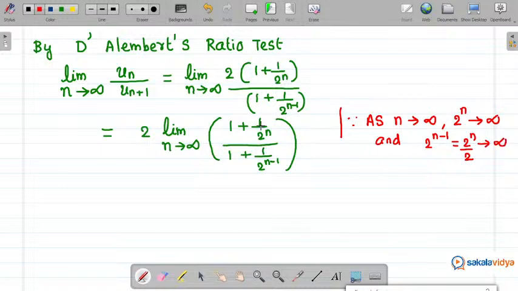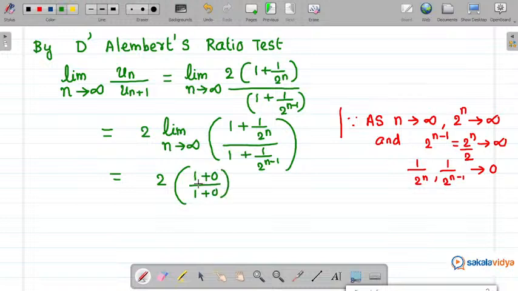That means here 1 by 2 to the power of n and 1 by 2 to the power of n minus 1 obviously tend to 0, because 1 by infinity is 0. So this becomes 0, this becomes 0. So we can write now 2 of 1 plus 0 by 1 plus 0, 1 by 1, 1.